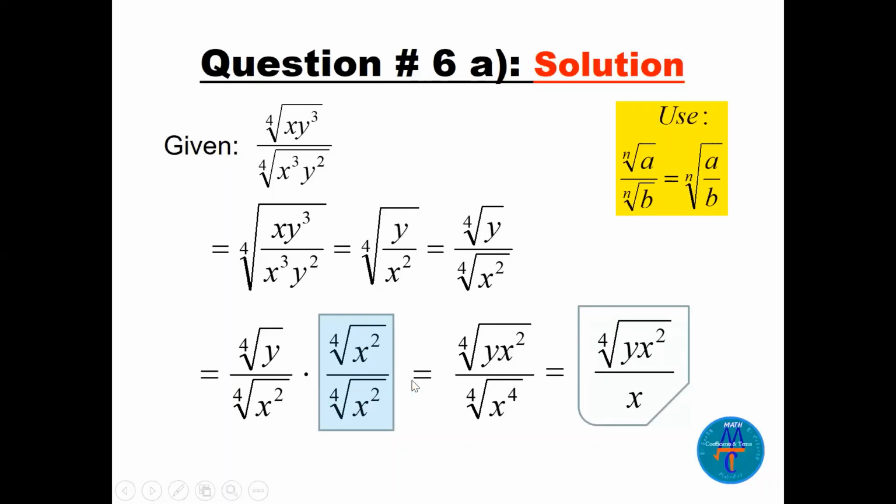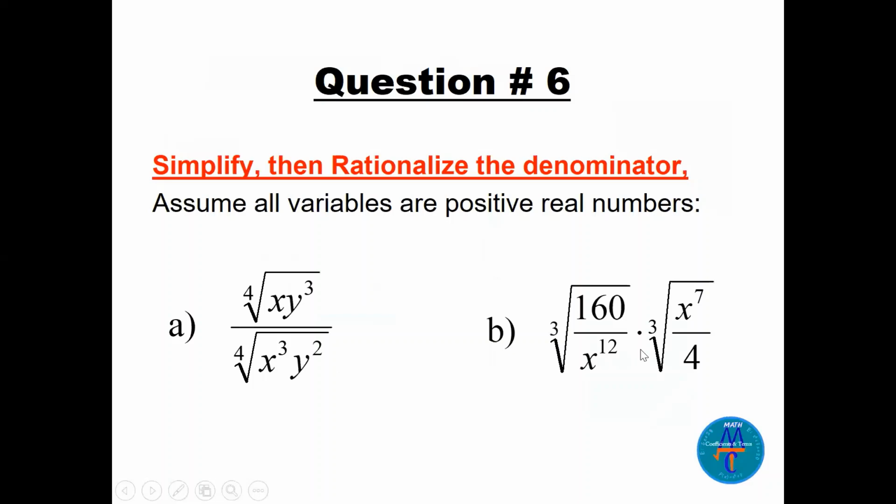Then in the denominator you get the 4th root of x to the power 4, that's x only. And the 4th root of y x squared, leave it. That's the answer here.